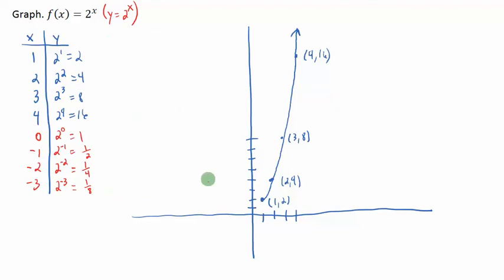Now if you plot those points, whenever x is 0, y is 1. So you get this point (0, 1). Whenever x is -1, y is 1/2. Whenever x is -2, y is even smaller. Whenever x is -3, you get 1/8, which is even smaller, closer to the x-axis. But you should be able to imagine that as you move to the left, you're going to keep getting really tiny, positive numbers.